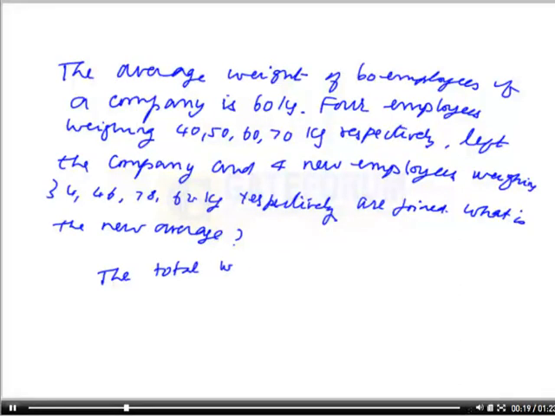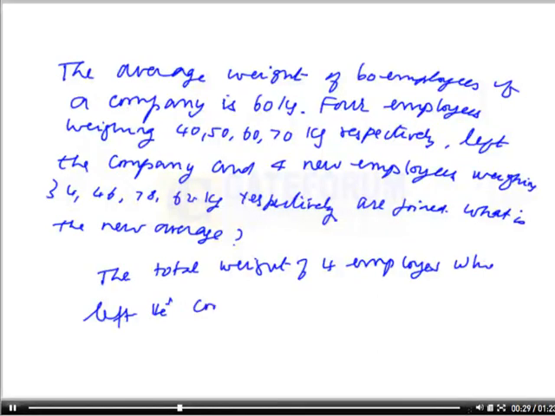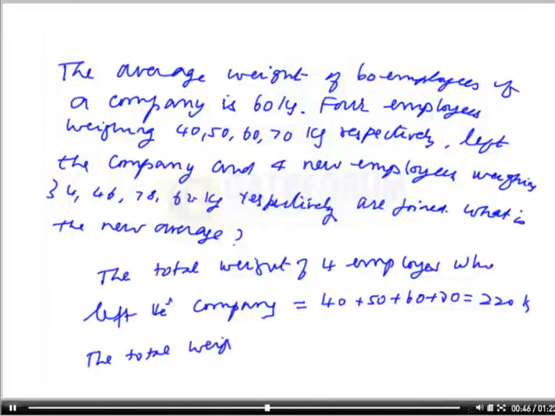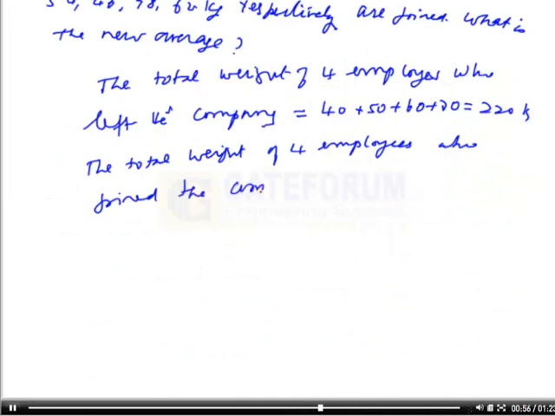The total weight of the 4 employees who left the company is equal to 40 plus 50 plus 60 plus 70, that is 220 kg, and the total weight of the 4 employees who joined the company is equal to 34 plus 46, 78 plus 62, that's also 220 kg.